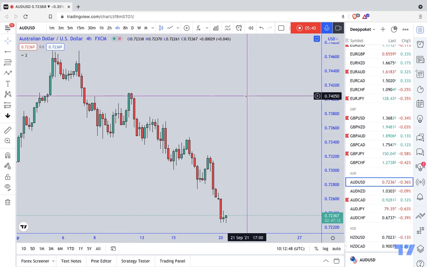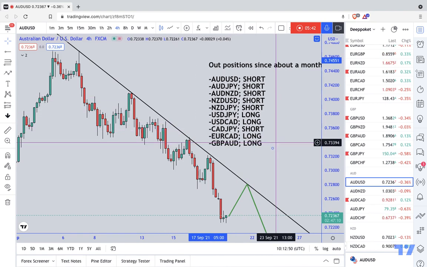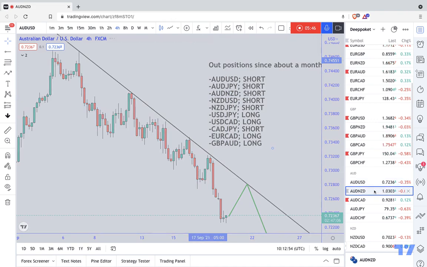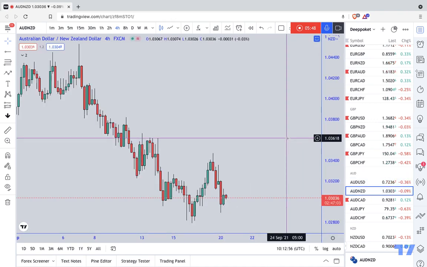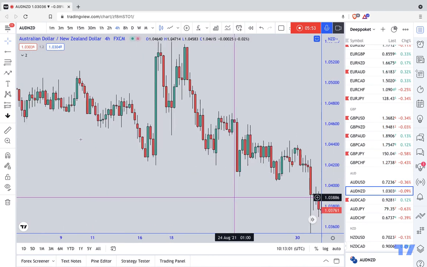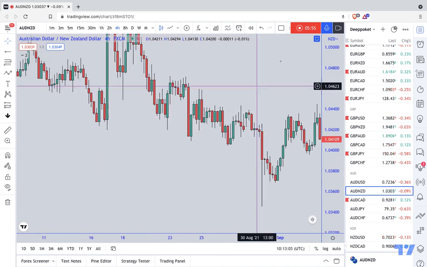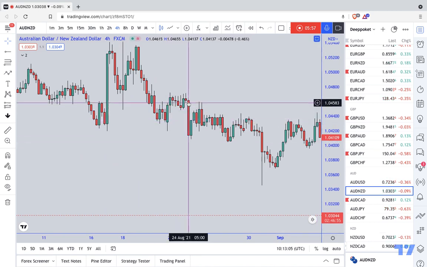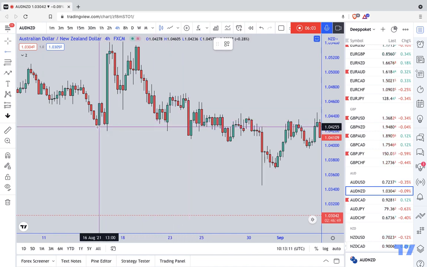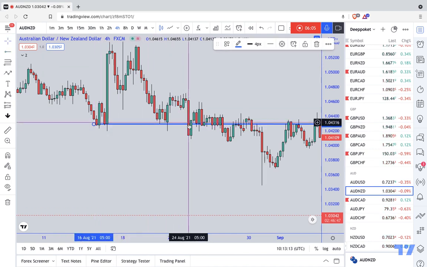What do we have here? We have Australian, New Zealand. This was a nice short. We entered a long time ago. If I remember well, we entered right after this candle here, right around here when this support got broken.